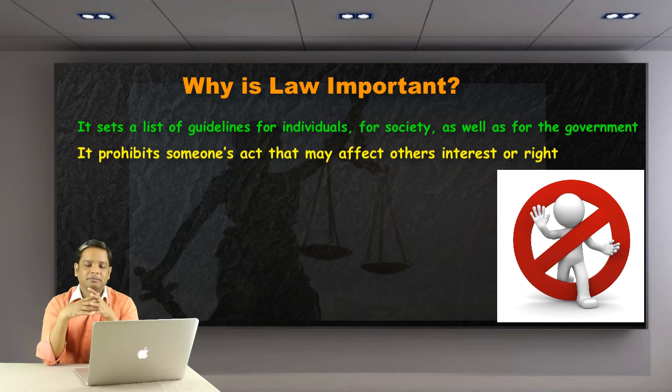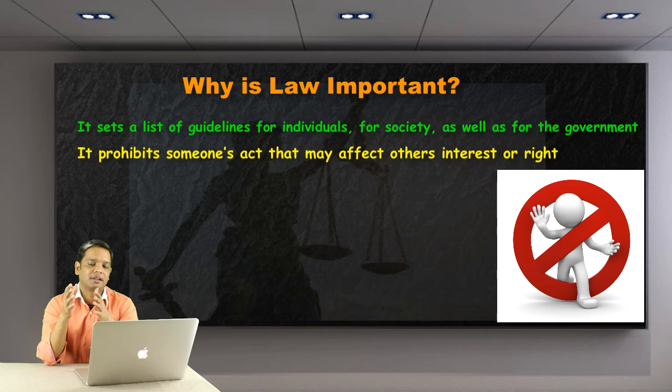It gives you the freedom to share your views, your feelings, okay, but there are also some reasonable restrictions. You cannot defame someone, you cannot say anything which is derogatory in nature. So you have the freedom, but there are reasonable restrictions.